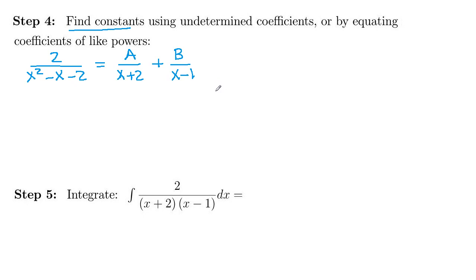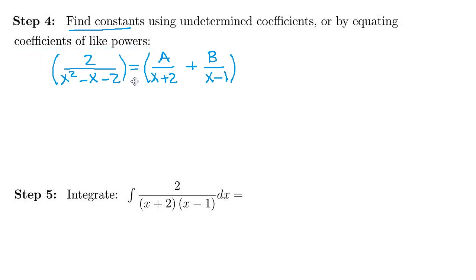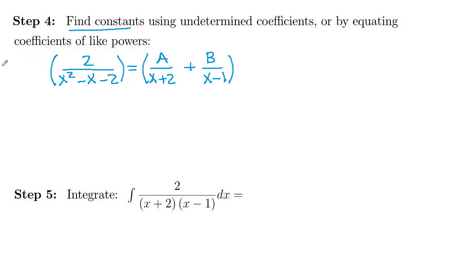So what we want to do is solve for a and b. So let's multiply through by the LCD here. So multiply on the left and also on the right by the LCD to clear out fractions. So on the left-hand side, x plus 2, x minus 1. And also on the right-hand side, x plus 2, x minus 1.